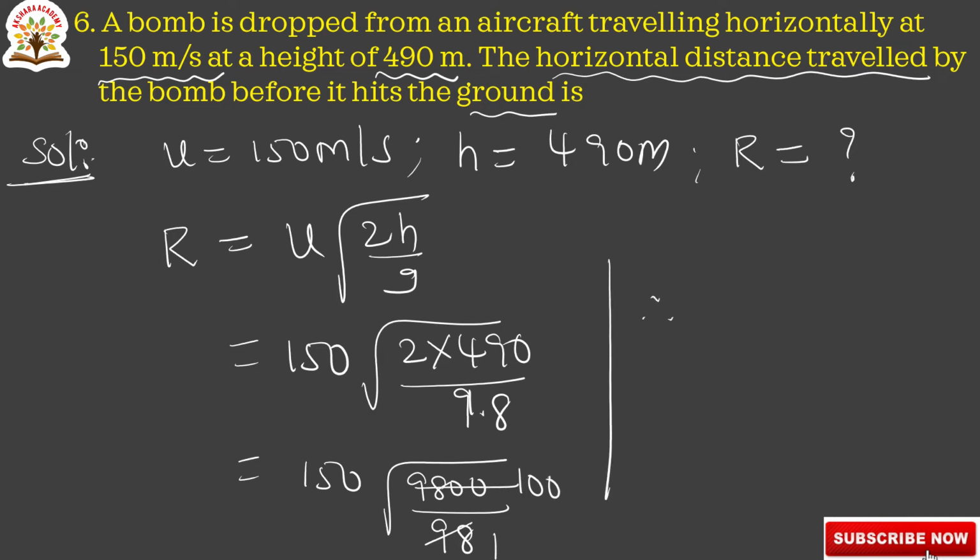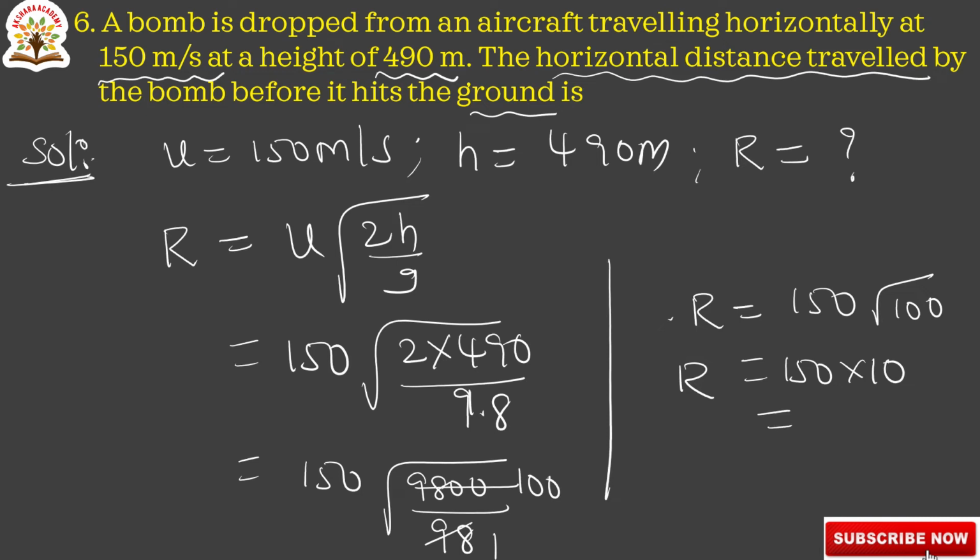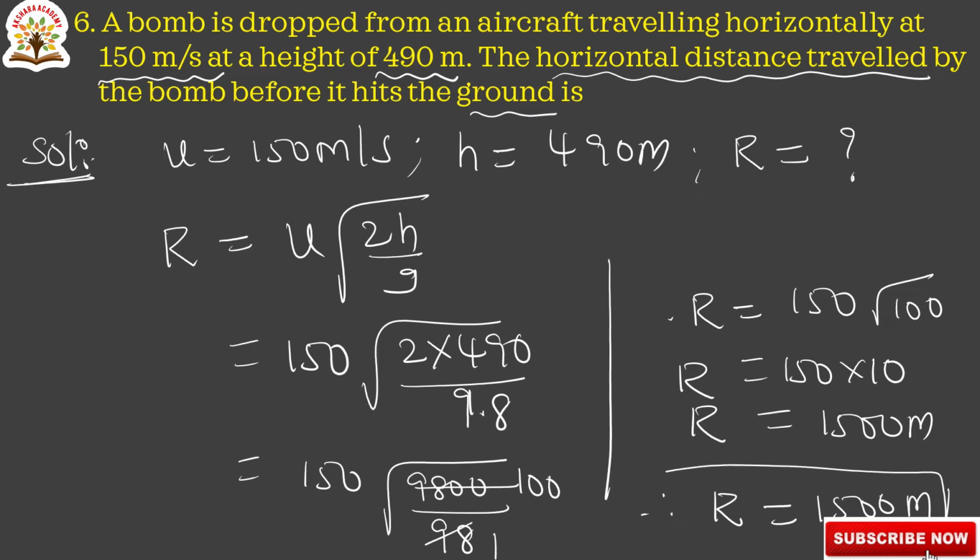So r is equal to 150, here root 100 nothing but 10, 150 into 10. So therefore r is equal to 150 into 10, that is 1500 meters. Therefore the horizontal distance travelled by the bomb before it hits the ground, r, is equal to 1500 meters. This is the final answer. Okay. Next we will go to the next question.